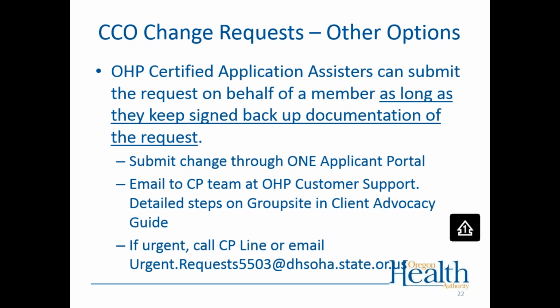You could email the community partner team at the OHP customer support. These steps are also outlined in our client advocacy guide that is on the group site. And of course, we have our urgent request team available for community partners as well. You can reach out if there is an urgent need to change CCOs or any other urgent need for a change or update.